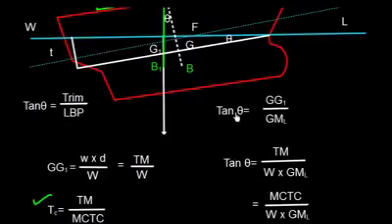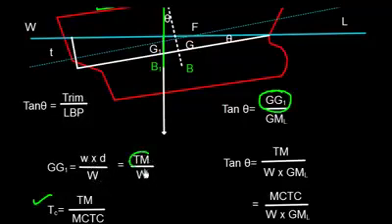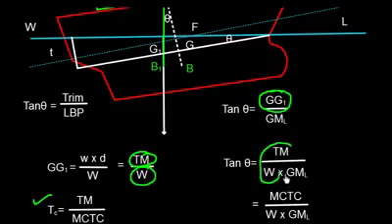Now if we come back to this formula, tan theta is equal to GG1 by GML. So the GG1, we can write as W into D by capital W, or trimming moment divided by W. So I write GG1 as trimming moment divided by capital W into GML.